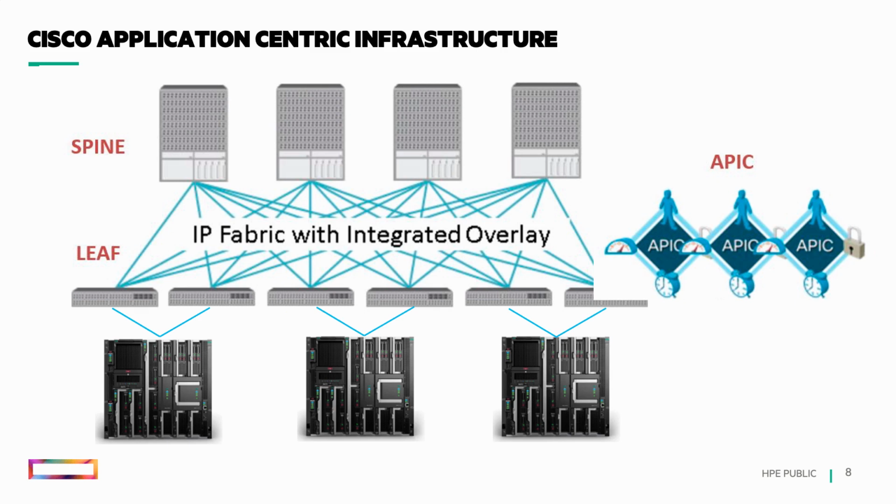They will manage all the user API requests and GUI, and the user will log into the APIC controller and configure the whole ACI fabric, and the configuration will be pushed down to the leaf and spine switches for real data forwarding behavior. So this is in a nutshell how the ACI fabric looks.